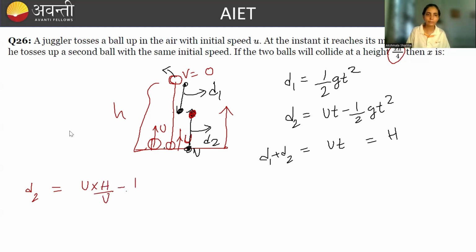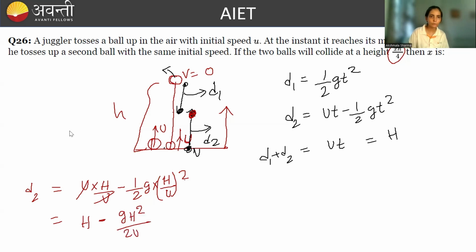H by u minus half g into the square of H by u, right? So if you solve it, this will get cancelled. H minus how much are you going to get here? G H square by 2u square.